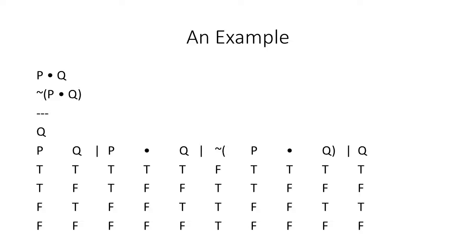So let's see what we come up with. Where are the main operators? In our first premise, it's the dot. In our second premise, it's the not, or the tilde, because it's the last thing we solved. So we're going to be looking in the columns underneath the dot and the tilde. That's the relevant information, along with the information under Q, our conclusion.